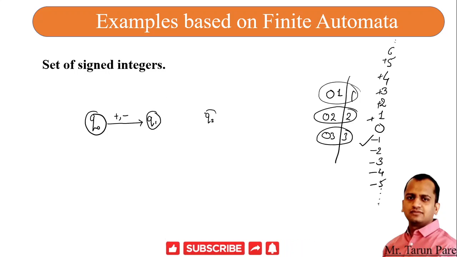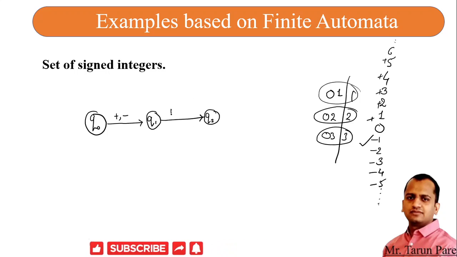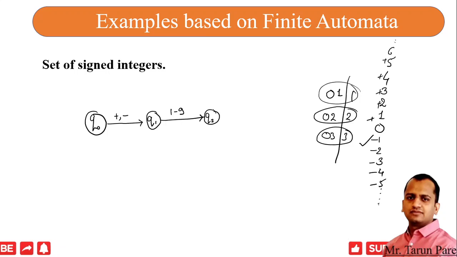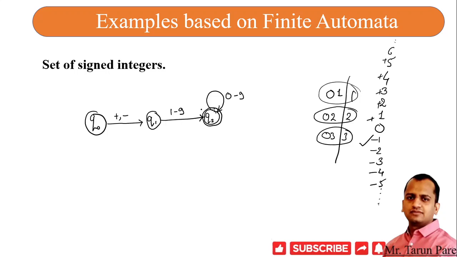From q1 I reach q2, and here I have passed the symbols 1 to 9. Okay, now as we solved the previous example, we have to cover these things. So here we have passed the values from 0 to 9, and we have made this the final state. Okay, so this is the example, and this is the initial state.